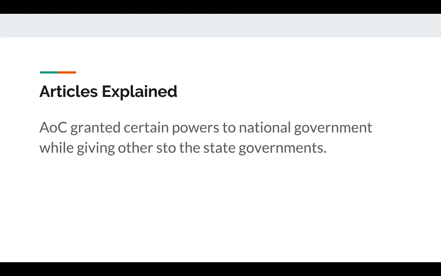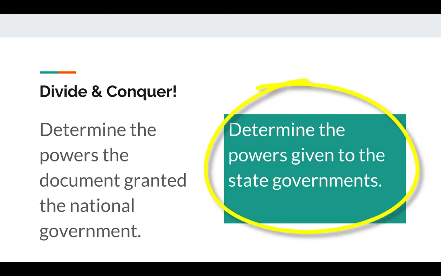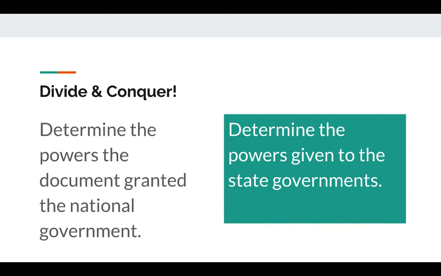Half of the class is going to read all 13 articles to determine the powers the document granted the national government, and the other half of the class is going to determine the powers given to the state governments by reading all of the articles in the Articles of Confederation. We're going to come back after you do that and share what you have found. So, we should pause the video now to have this group discussion.